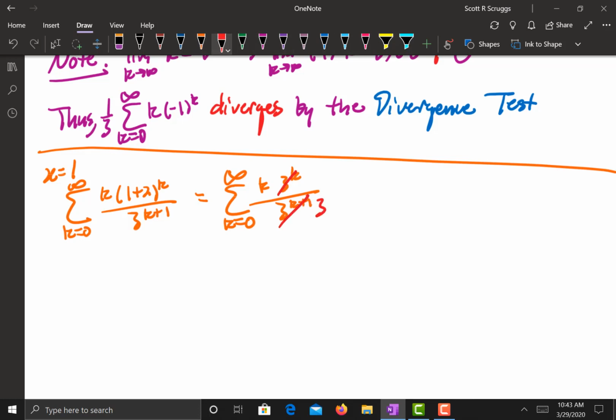Simplified, I get a 3 in the denominator, and so I get 1/3 times the sum of k. As we talked about previously, the limit of k is infinity, which is definitely not equal to 0.